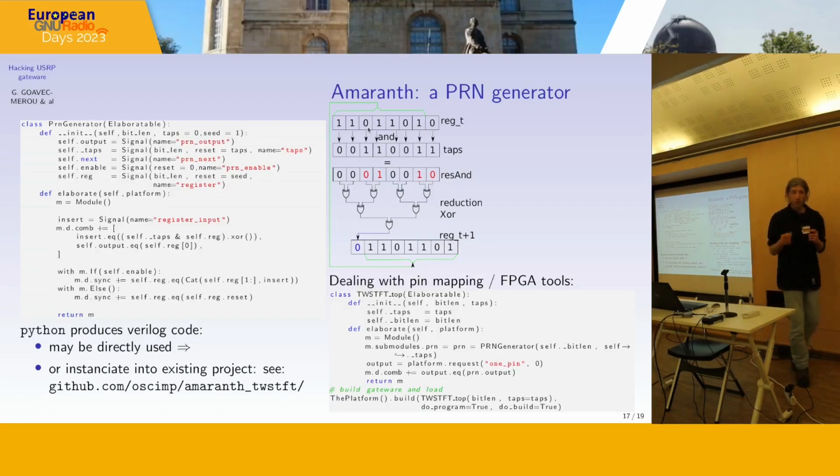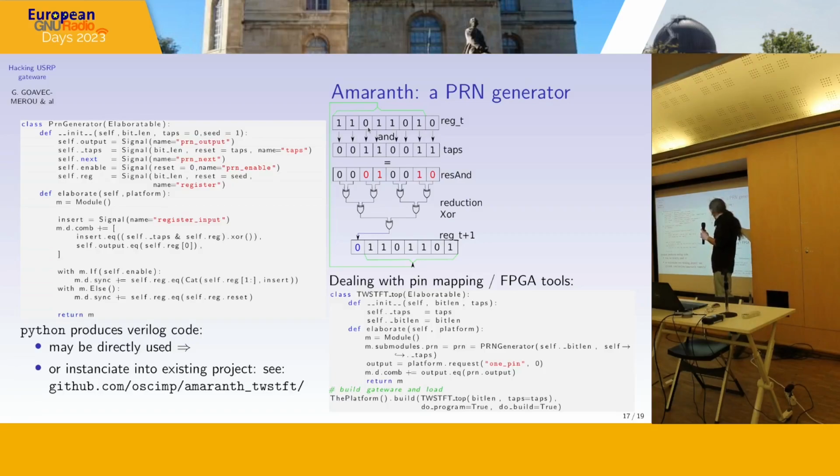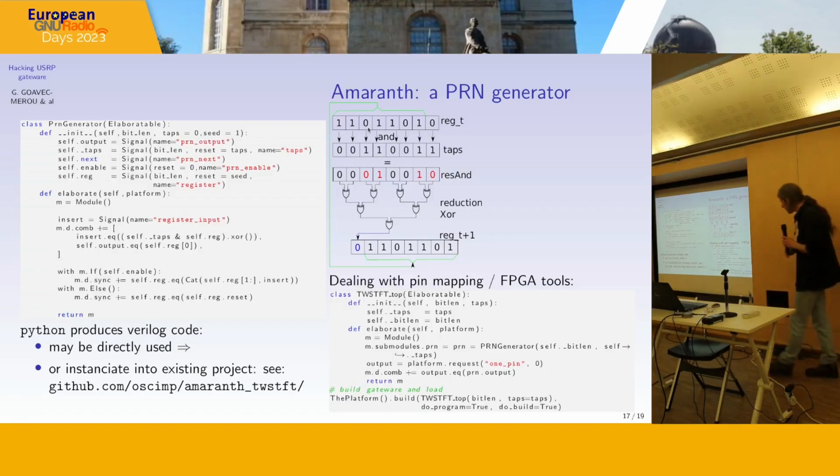The reduction XOR just means all bits are XORed with the previous one. So this one, this one, this one, and the result of the first XOR is used for the next XOR, etc. At the end, we have only one bit, and as in the previous scheme, the new bit becomes the most significant bit, and the least significant bit is removed.